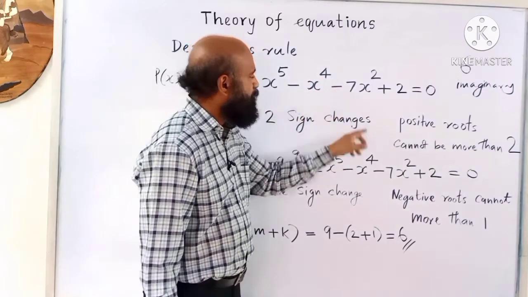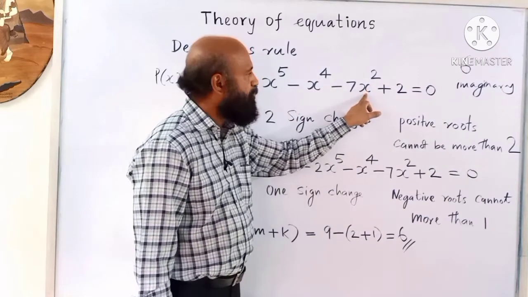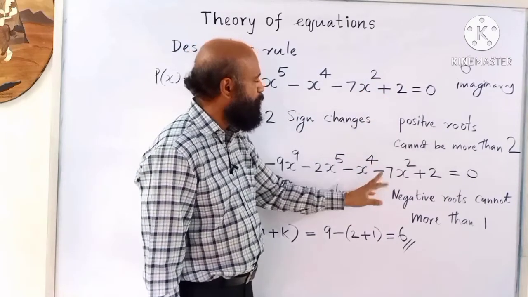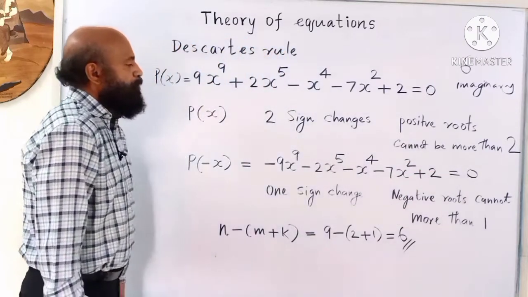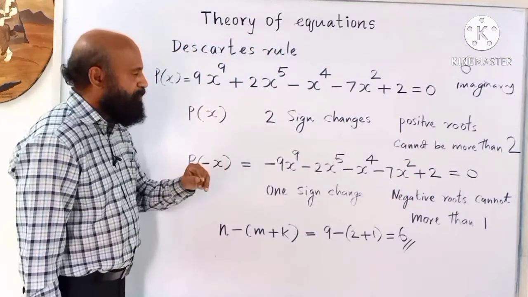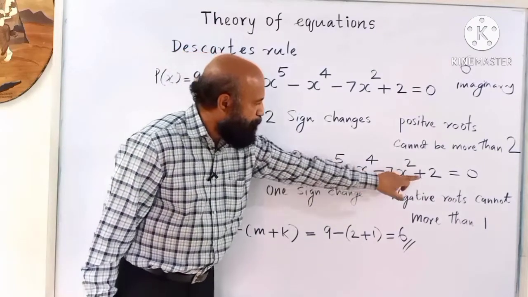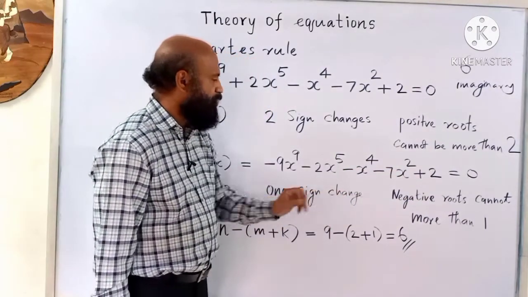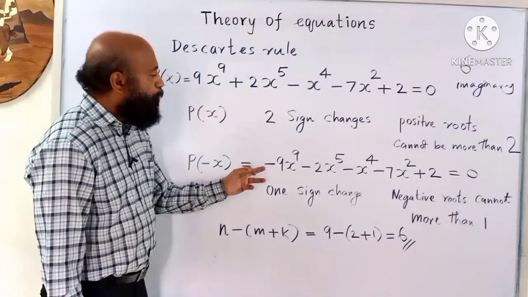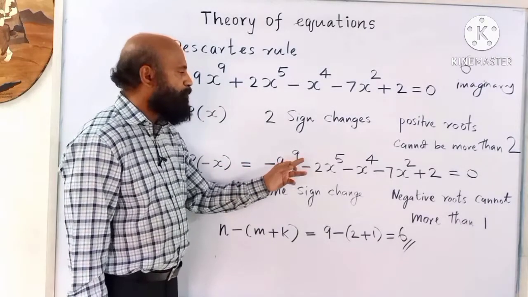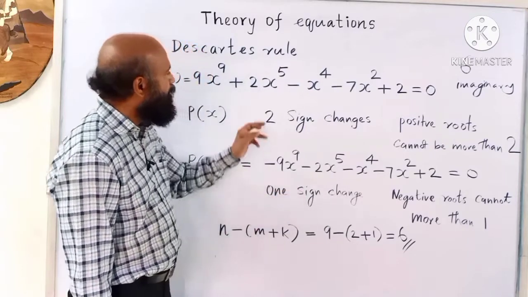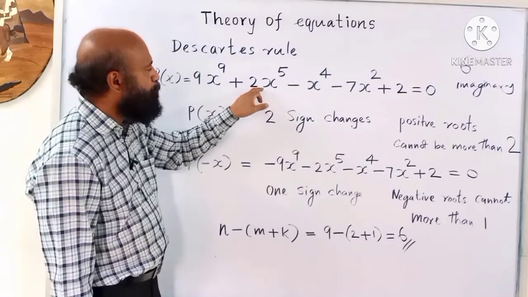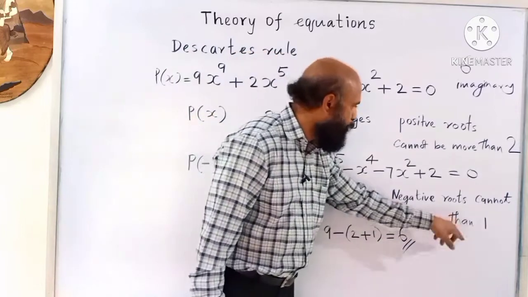Then minus 7, here x you put minus x, so minus x squared is x squared, so minus 7x squared plus 2 is 0. In this there is only one sign change. Here you can see minus, plus, so there is only one sign change. So negative roots of this polynomial cannot be more than 1.